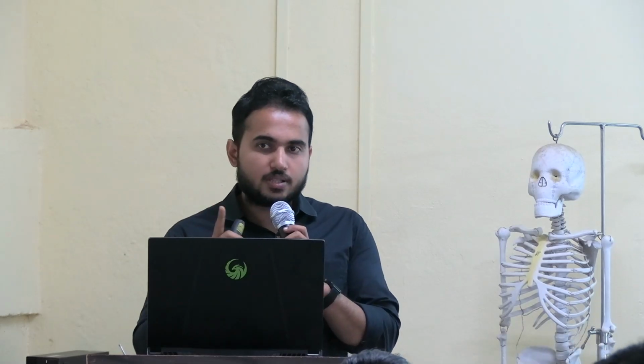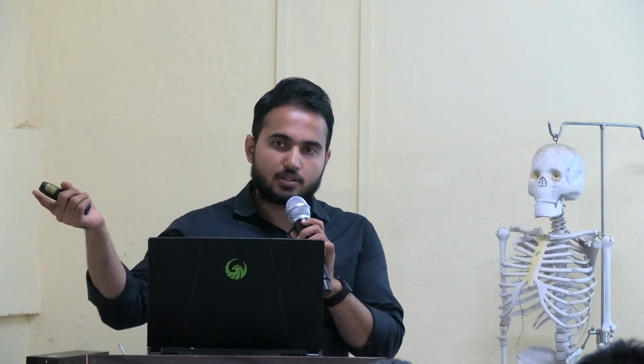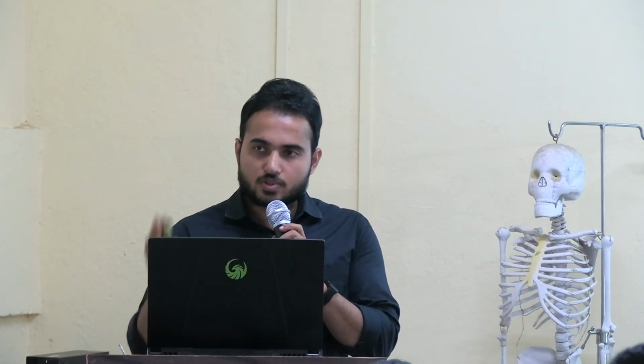The same points which we discuss now in nervous tissue will not be repeated there. When it starts, you will directly start from either the spinal cord or the brain, most of the time from the spinal cord.